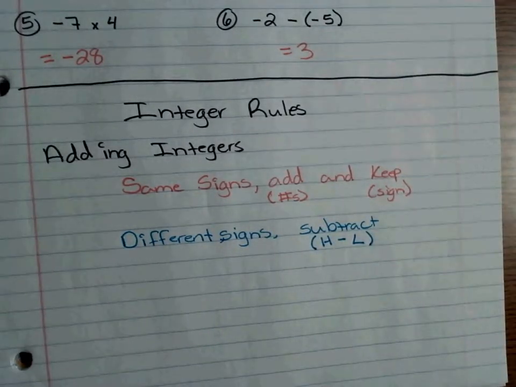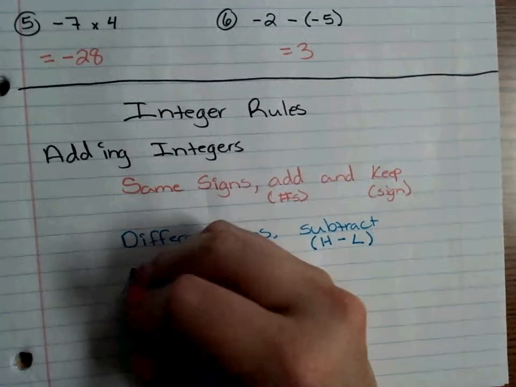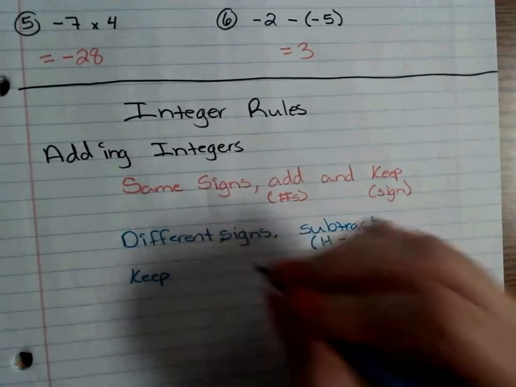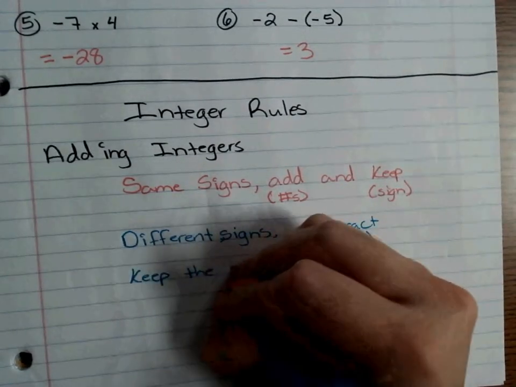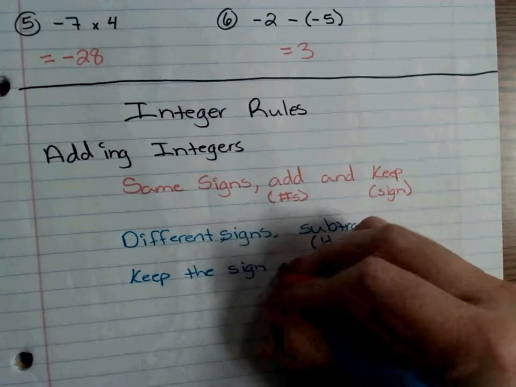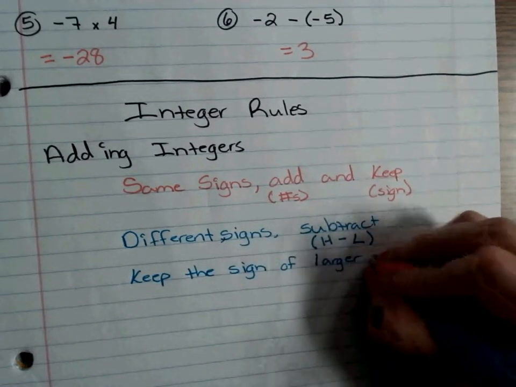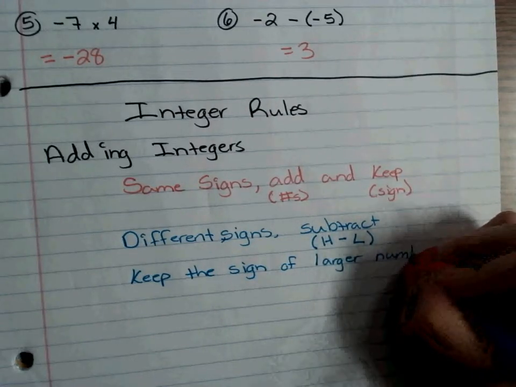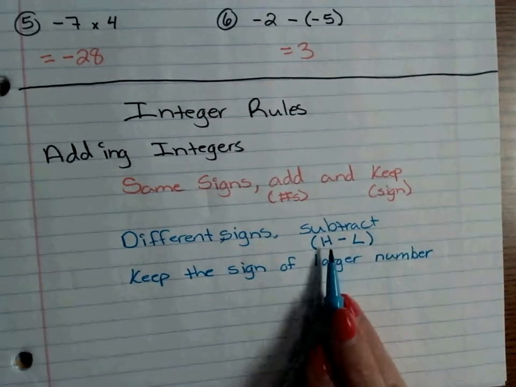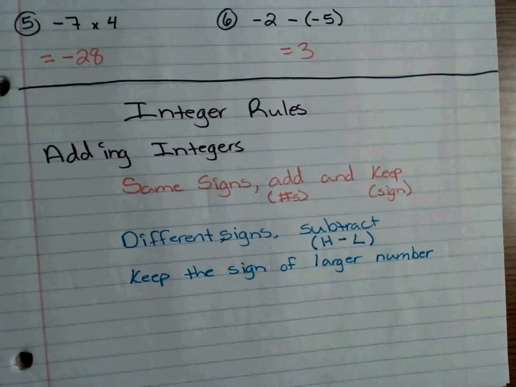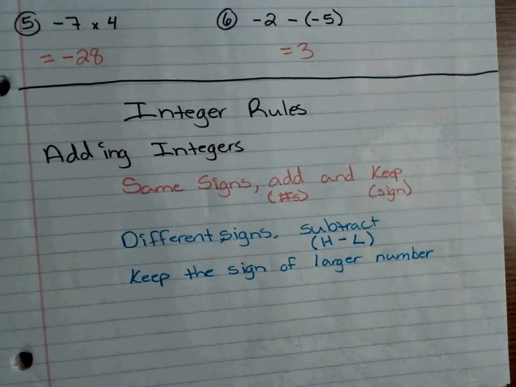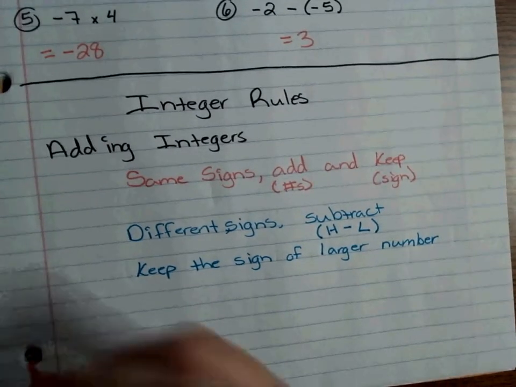And then you're going to keep the sign of the larger number. So whatever sign your higher number is, that's what the sign's going to be for your value. So the same signs, those are easy, simple. Most people can keep up with that and remember it very well.